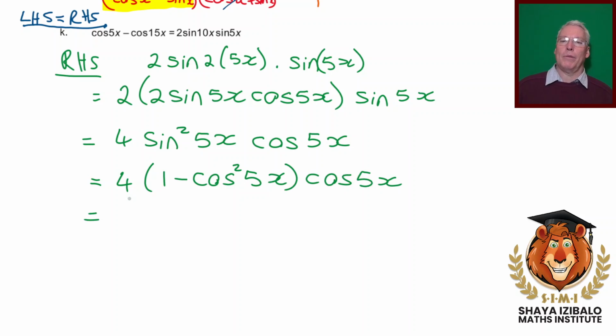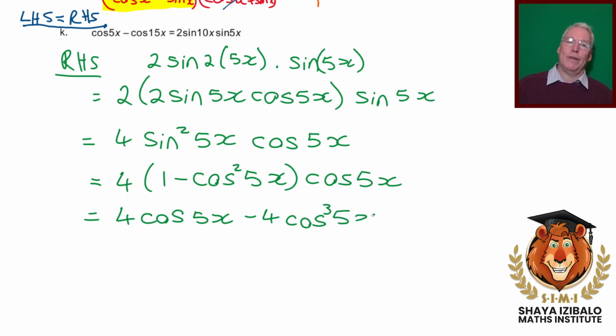So now we've got 4 cos 5x, which is going to multiply in here. So we're going to get 4 cos 5x minus 4 cos cubed 5x. Okay, and we try to see if we could get it to look like this one over here.